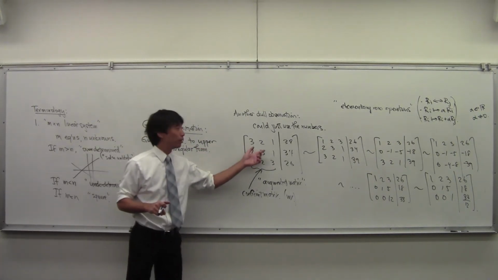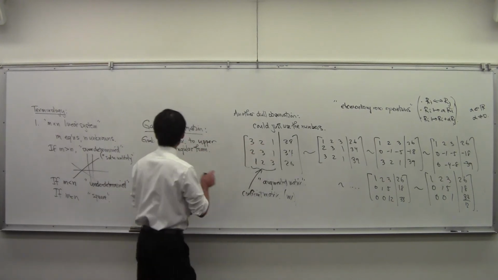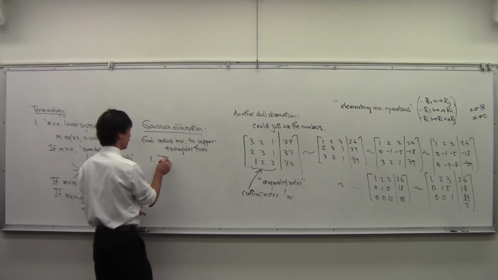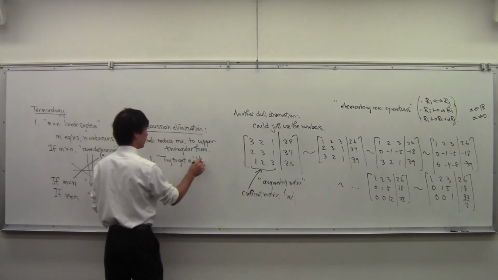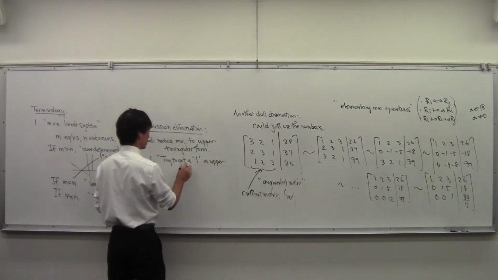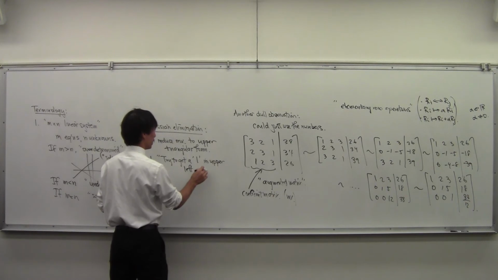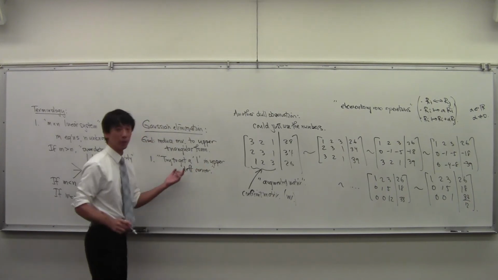Okay, so what you do is you try to get a 1 in the upper left corner, right? As close to the upper left corner as you can.